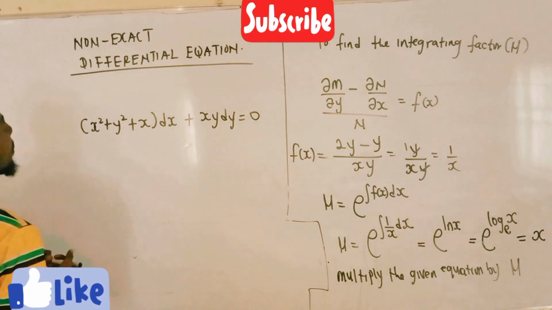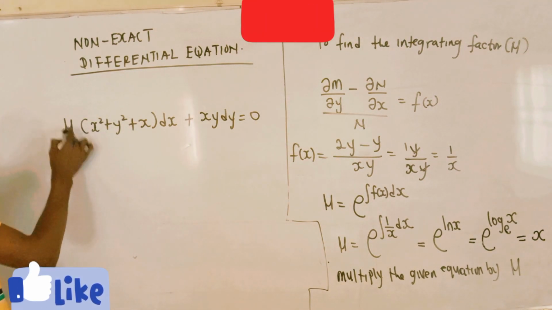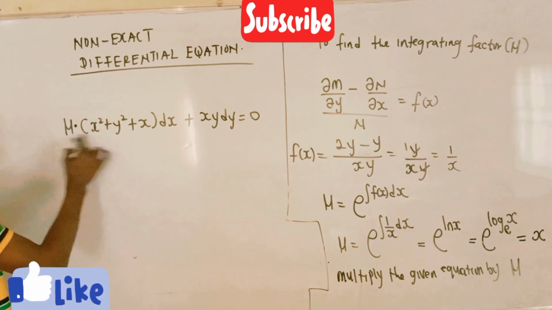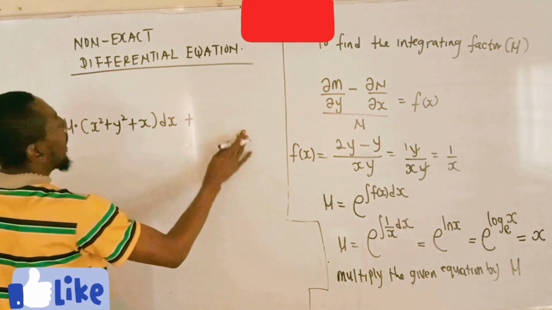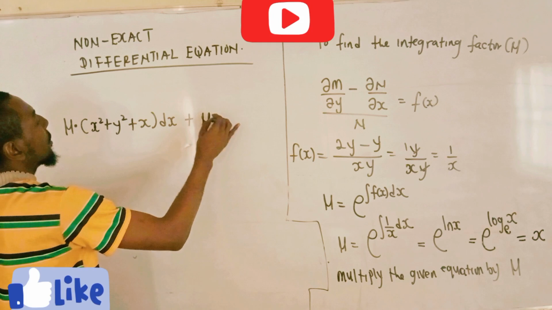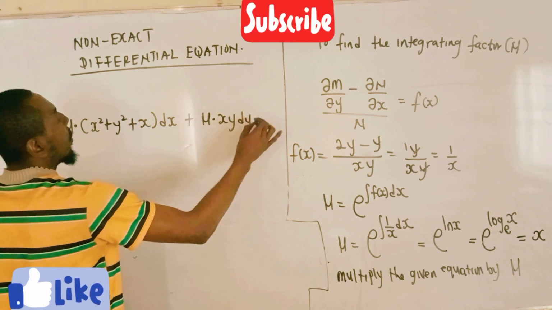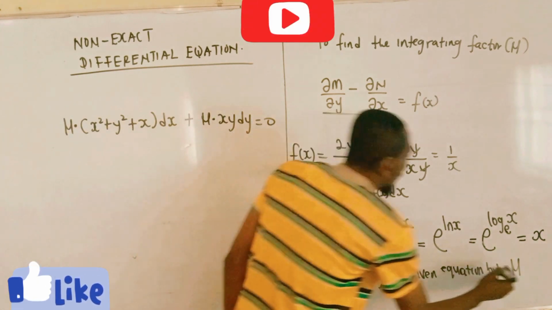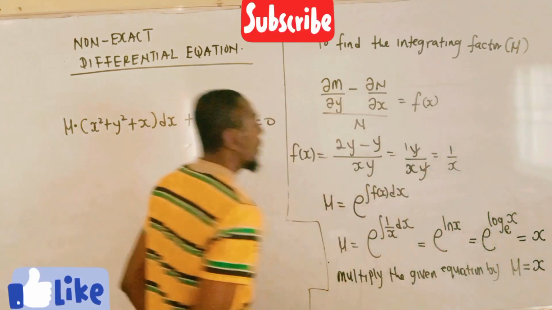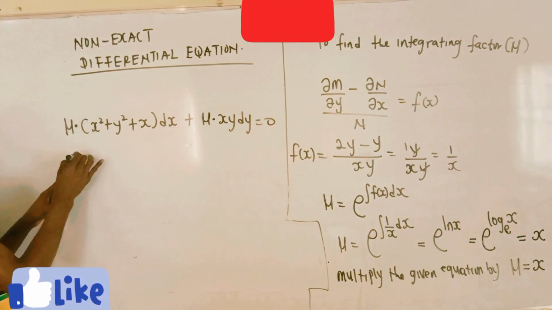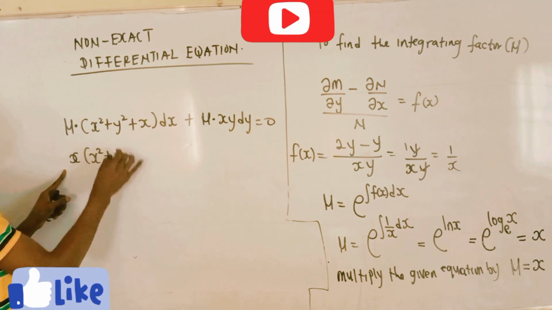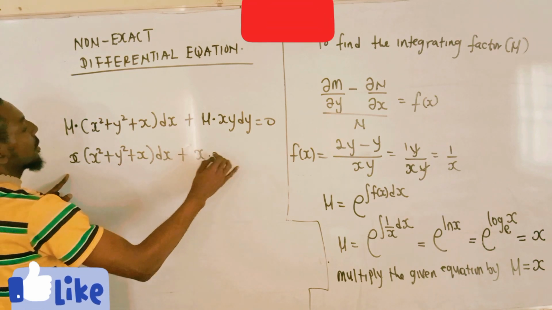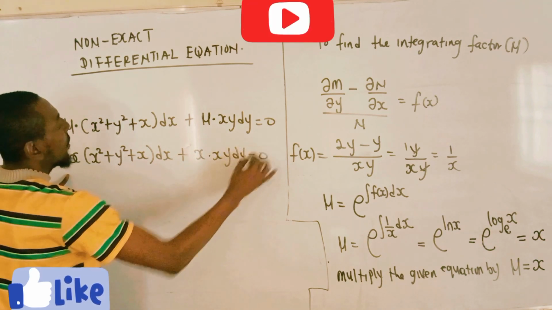Multiplying this equation with mu, we multiply this term with mu, and also we multiply xy dy with mu, equal to 0. So multiplying both sides with the integrating factor, and of course the integrating factor mu is equal to x, that becomes x times (x squared plus y squared plus x) dx plus x times xy dy equal to 0.